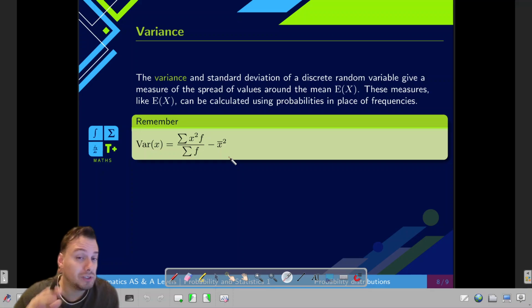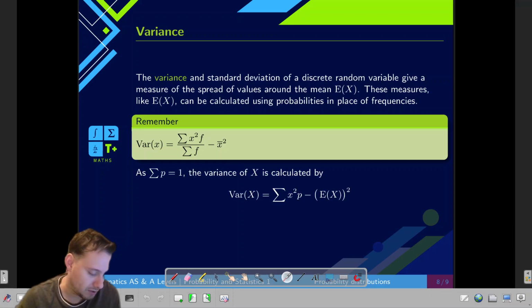Well, we're going to be using the very same concept, but where the frequency is going to be the probability of that value, and the sum of the probabilities is 1. Remember that we talked about that in the previous video, so we don't need to divide over 1. And then the mean is going to be our expectation. So this is how the variance is going to work.